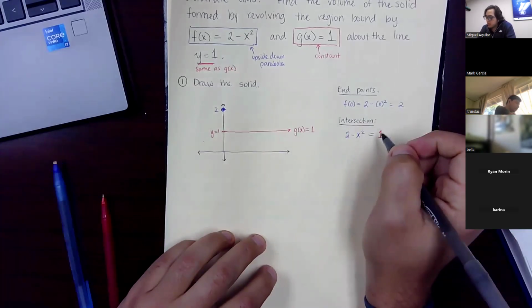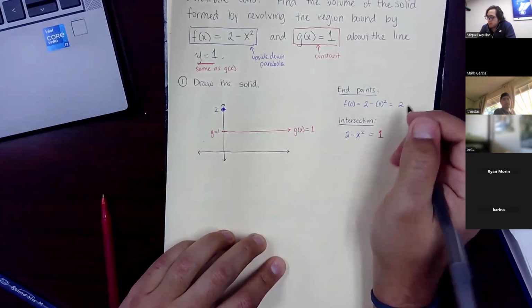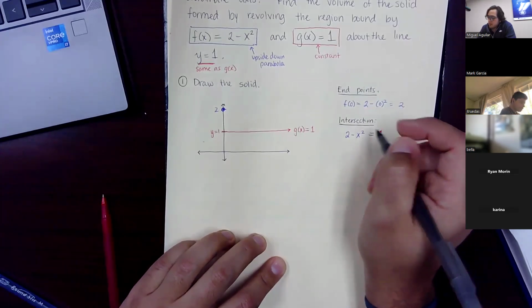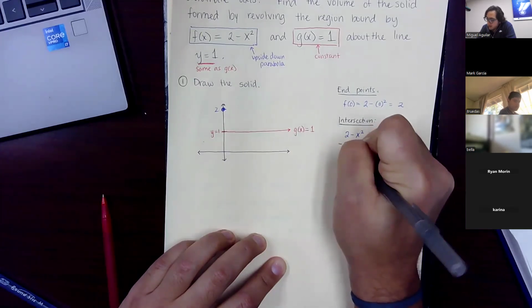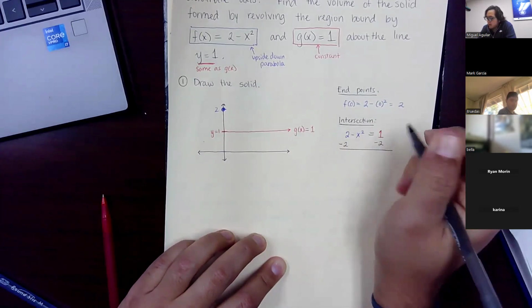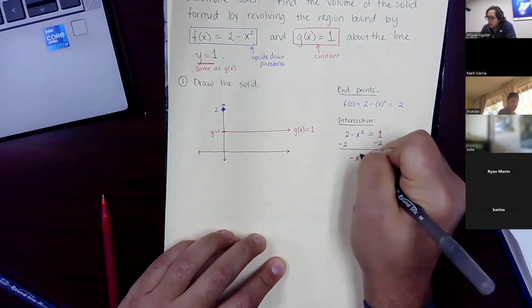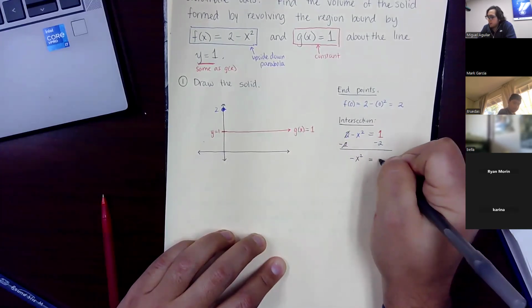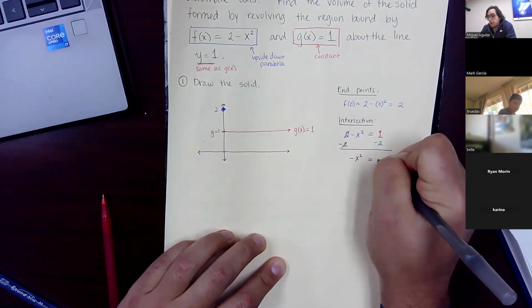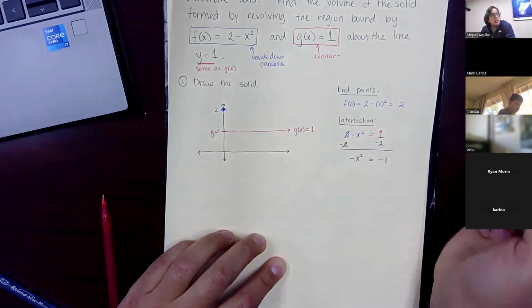There's a couple of ways you could do this. I'm just going to subtract the 2 over to the other side. Okay, so I get negative x squared equals negative 1. You guys okay with that?